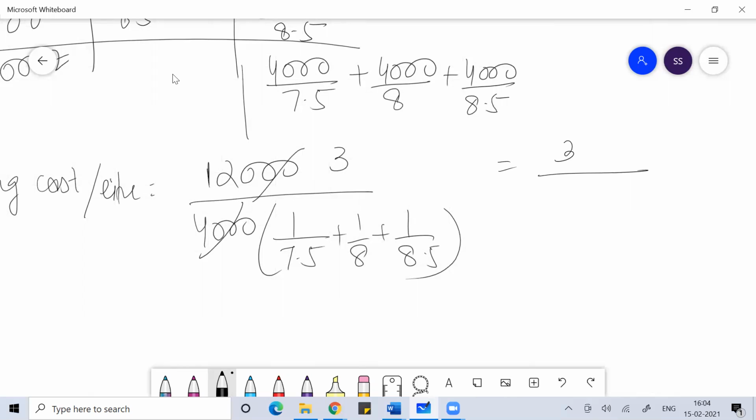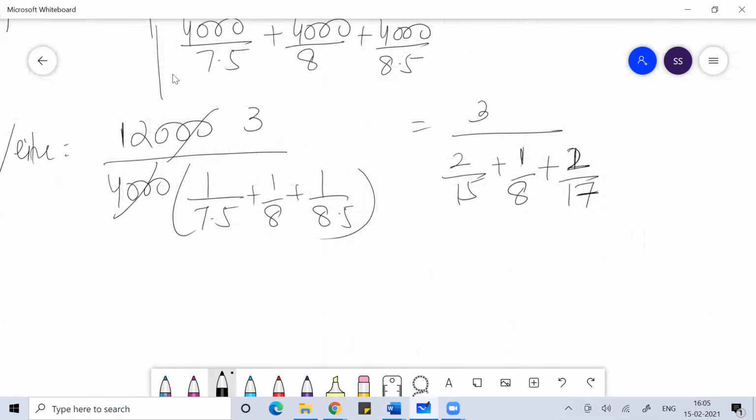3 divided by 1 by 7.5. I can write 2 by 15, 1 by 8 plus 8.5, I can write 2 by 17. Then solve this, this will give you the answer.